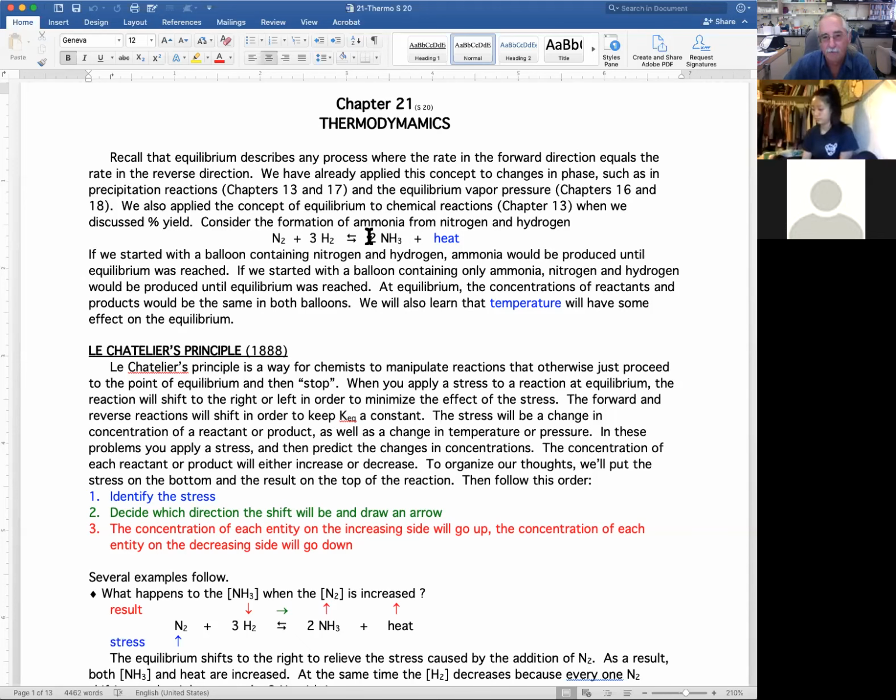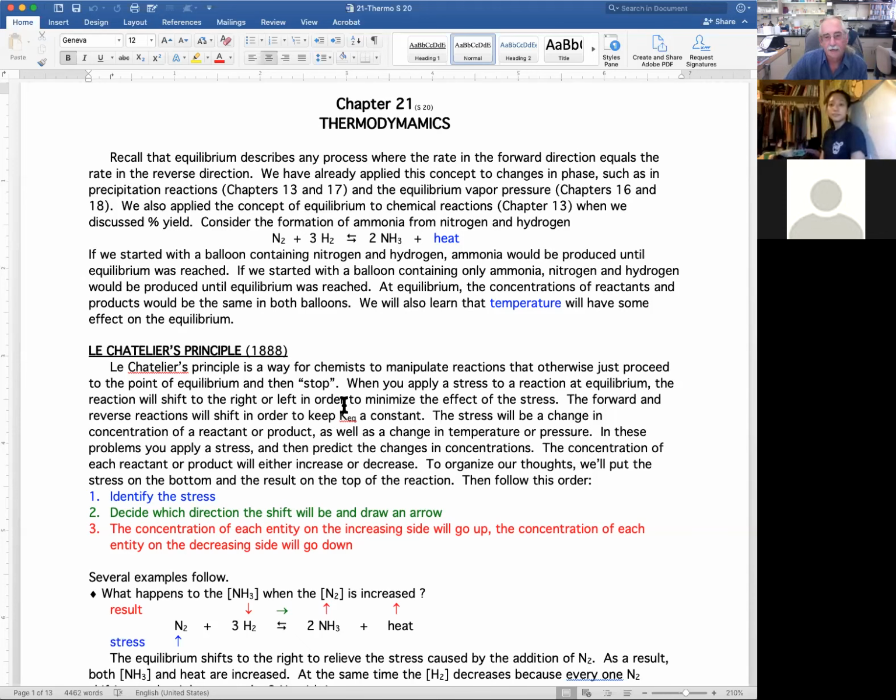So I have a certain amount of each of these three entities. But if I took another container and I put ammonia in there, it's going to go in the reverse reaction until you start making a bunch of this and a bunch of this. And you know what? The concentrations of those at equilibrium would be the same. It doesn't matter whether you start with ammonia or whether you start with nitrogen and hydrogen. That's what we mean by this, okay?